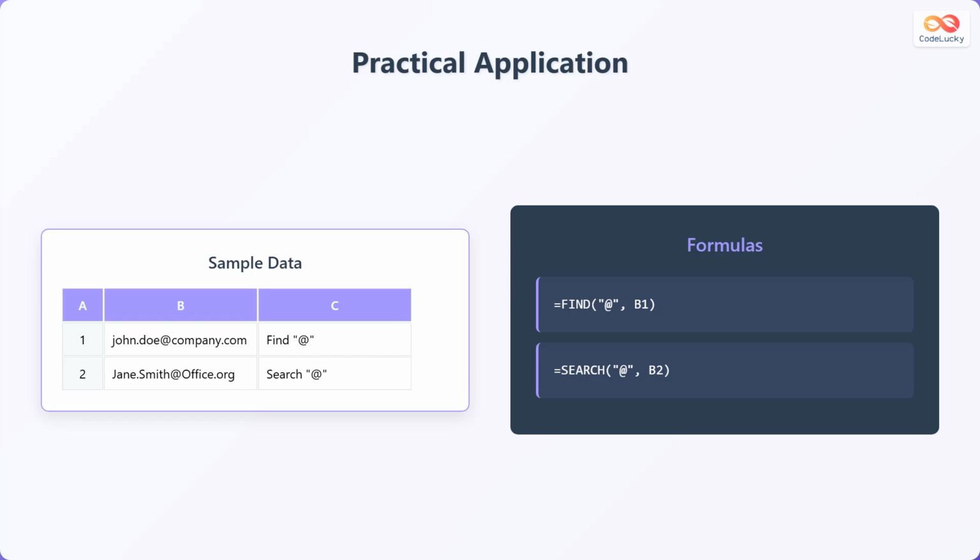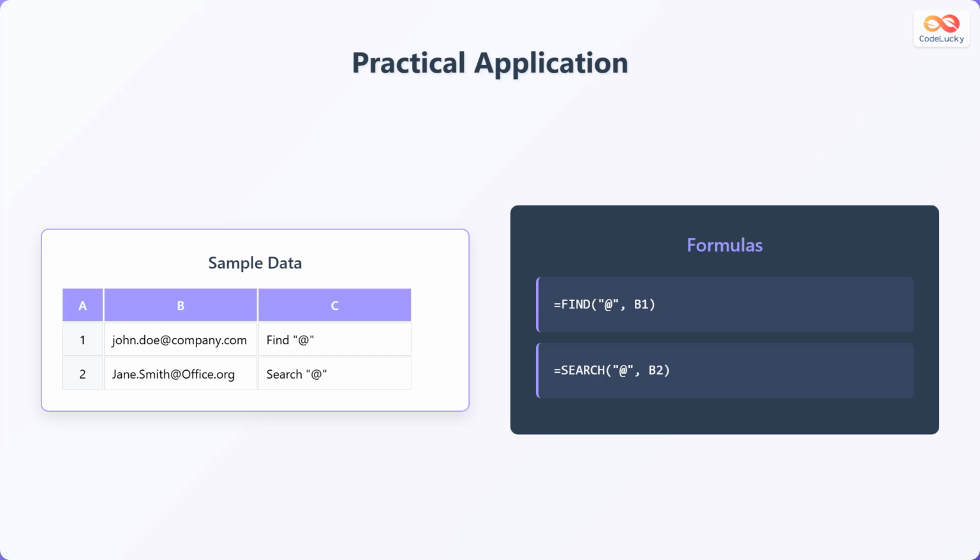Let's consider a practical example. Suppose you have a list of email addresses in column B, and you want to find the position of the @ symbol in these addresses. In cell B1, we have john.doe@company.com, and in cell B2, we have jane.smith@office.org.